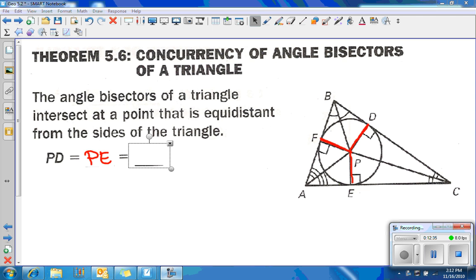The circumcenter is where the perpendicular bisectors intersect each other. So what I'm looking at here, this is the angle bisector, and it intersects this angle bisector, which intersects this angle bisector. So that is called the incenter. The incenter and the circumcenter are not always the same. They can be, but don't have to be.